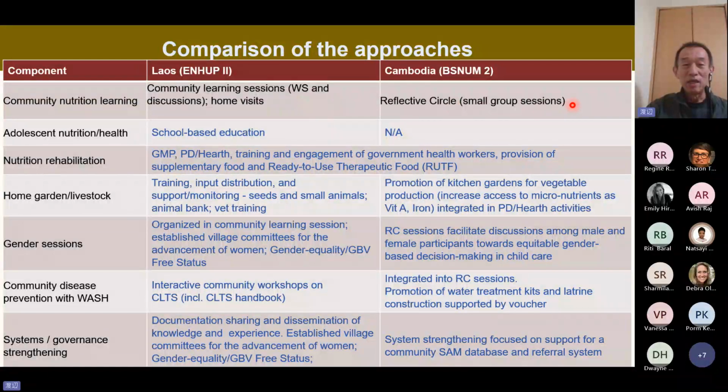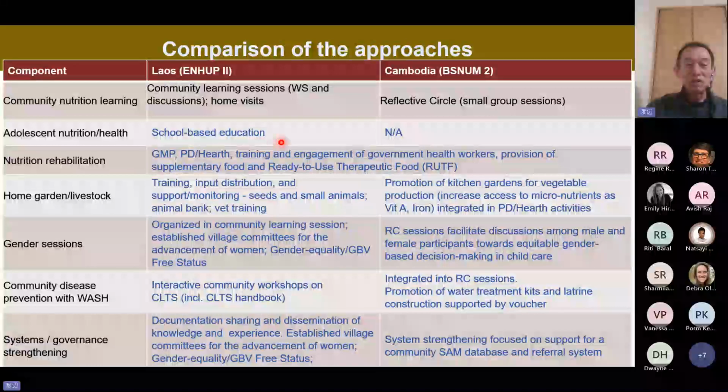Whereas in Cambodia, it is called the reflective circle methodology, which is a unique, innovative method of grouping women, men, and children in small groups organized at each community level, and they facilitate key topics, topic by topic. So this is an interesting difference between the two countries.